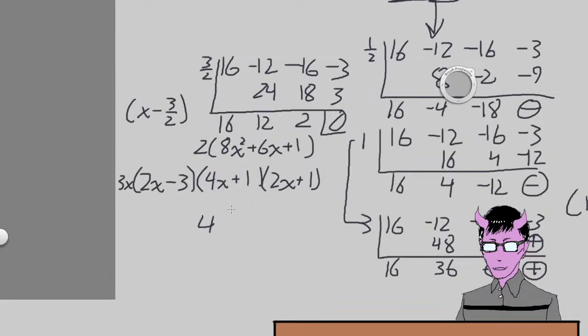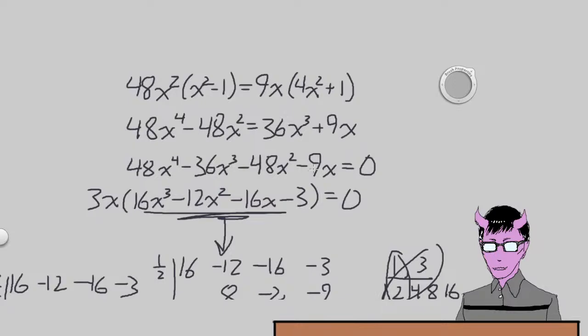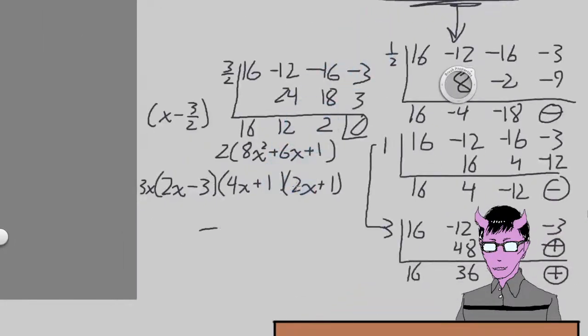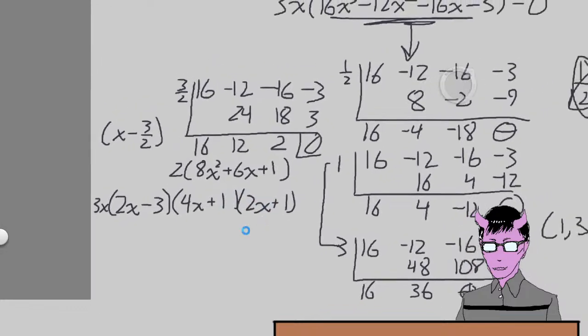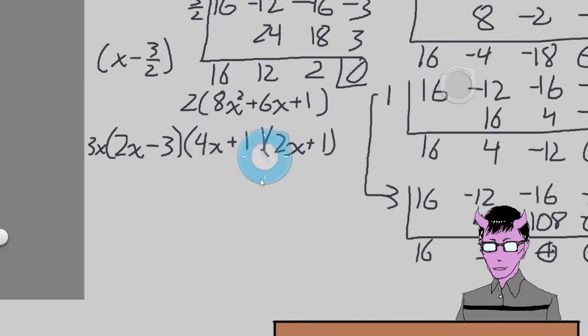So that seems legit. And check the constant as well. 1 times 1 times that is negative 3. Okay, so that seems pretty legit. So I have great confidence this is correct, but now we just need to solve for them.